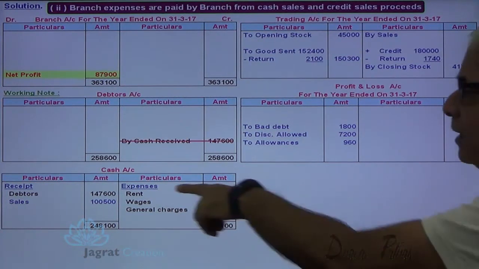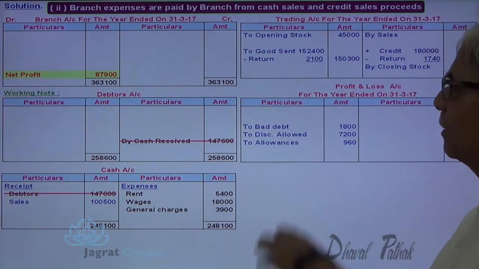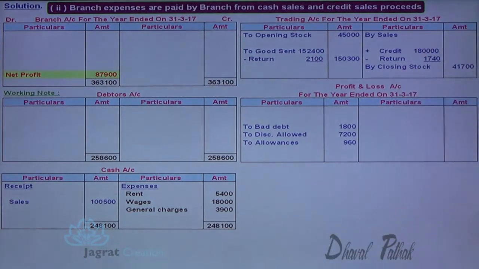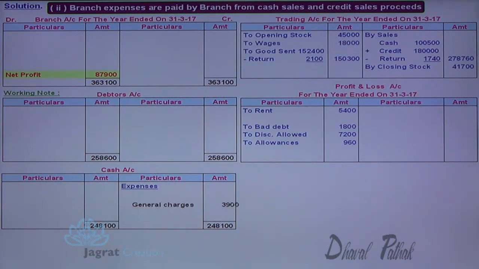Cash received is recorded here, cannot appear in the trading and profit and loss account. This cash sales, trading account credit side. Rent expense debited to profit and loss account. Wage is debited to trading account. General charges debited to profit and loss account.